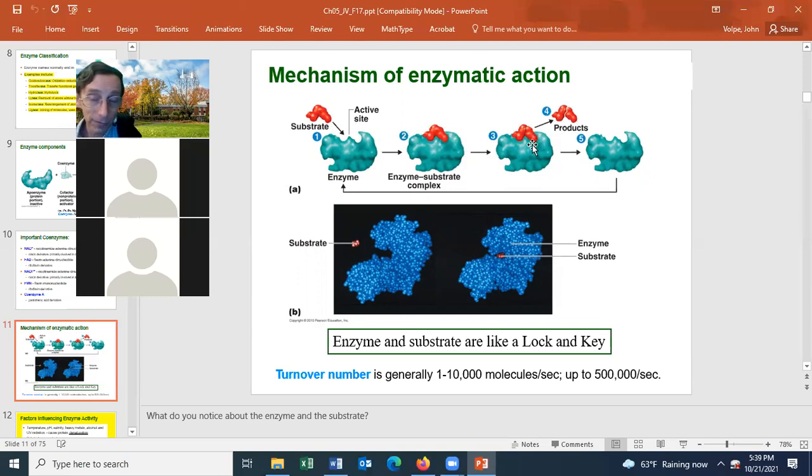So this is showing you that the binding of the enzyme to the substrate puts stresses on the bonds of the substrate, and that helps convert the substrate into the product. The product then falls off of the enzyme, and then that enzyme can re-bind to another substrate and perform another chemical reaction. So that's the lock and key model of an enzyme. Any question about that?